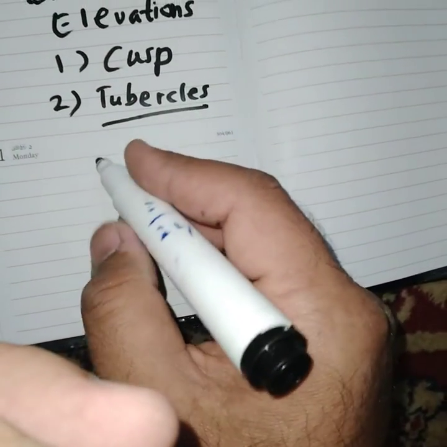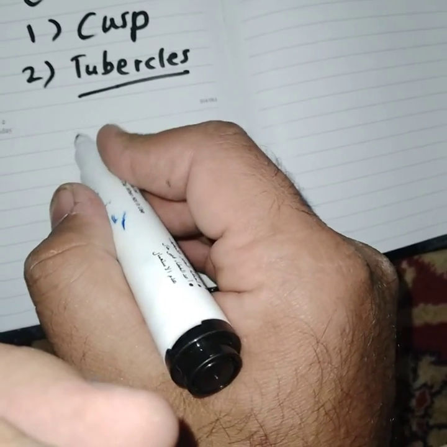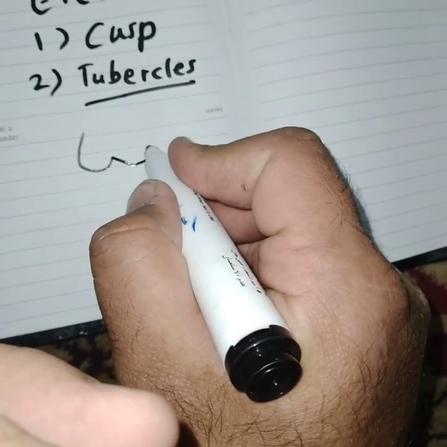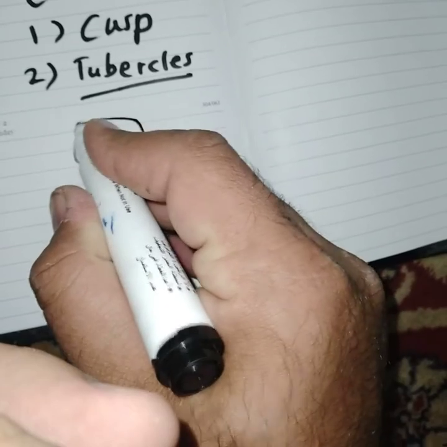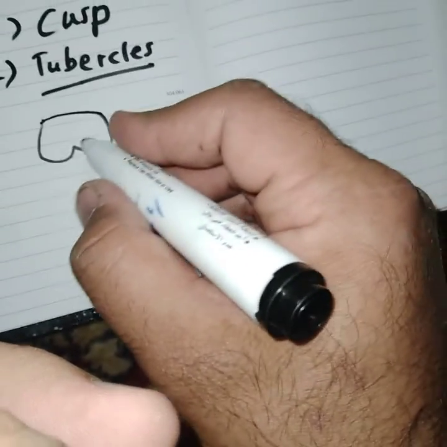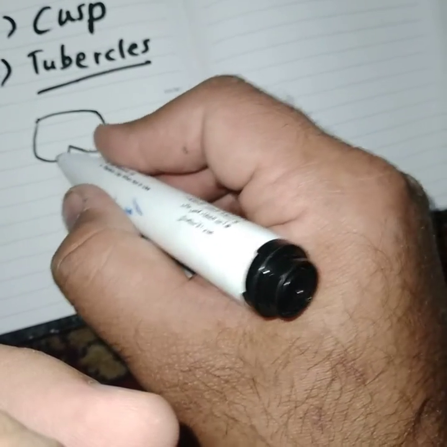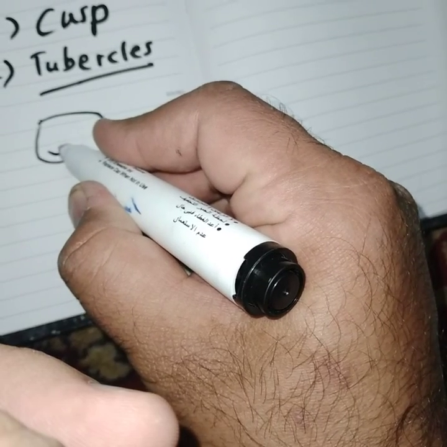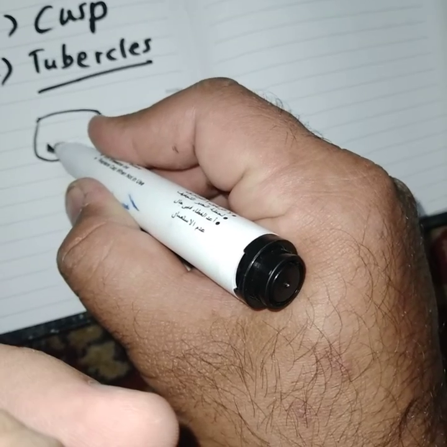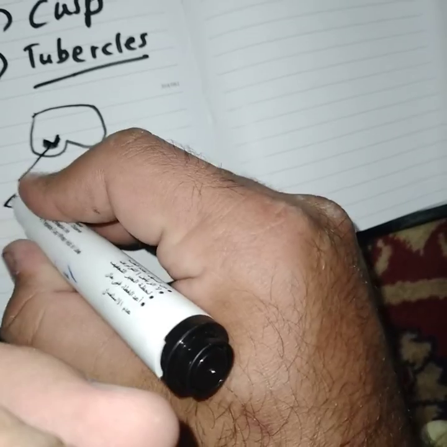They are usually thought of as mini cusps. So this is the tubercle.